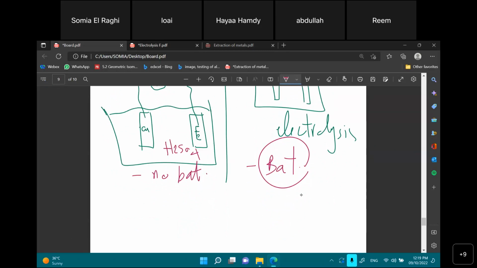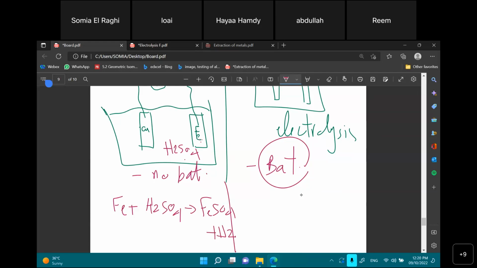If you have an acid and one metal more reactive than the other, what will happen? The more reactive metal reacts with the acid, forming a salt. We revise this later on. We get iron sulfate in this case and hydrogen gas.